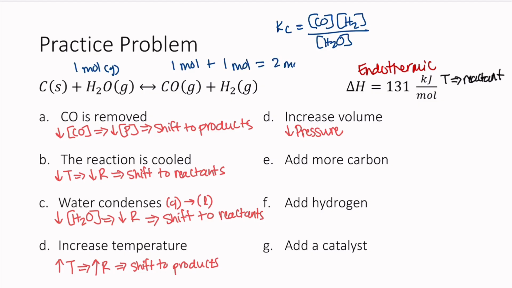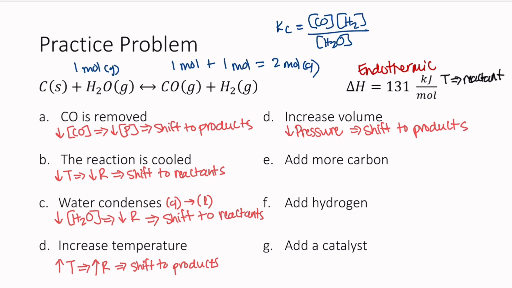So we'll have 2 moles of gas on the product side. So if we decrease our pressure, we're alleviating the pressure through that increase in volume. So we should see a shift to the products because there are more gas moles.